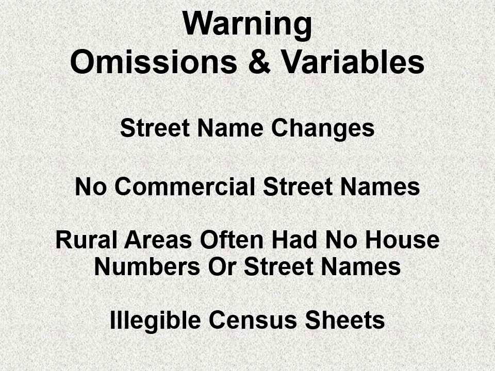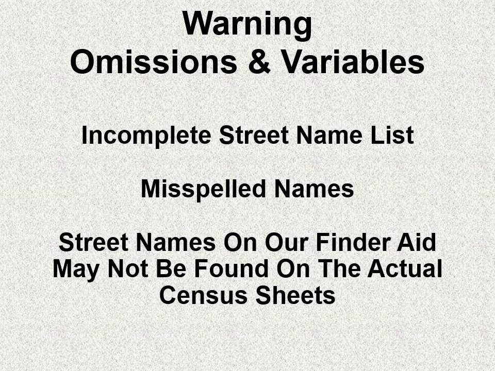Rural areas often had no house numbers or street names. There are illegible census sheets, more than I could count. Therefore, I created incomplete street name lists. There are misspelled names, and there are street names on our finder aid that may not be found on the actual census sheets, and I'll show you why in a second.